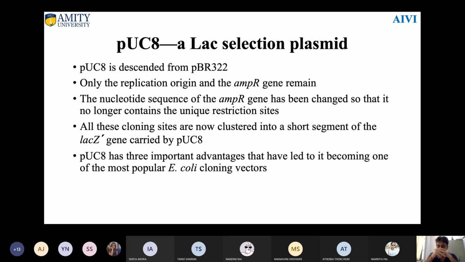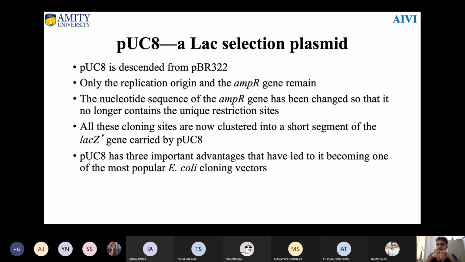The lac operon codes for 3 genes, Z, Y, and A, and among them one gene is chosen, that is Z. It is called the LacZ gene or LacG gene. In my time it was Z, in your time it is going to be G. The LacZ gene is carried by the pUC vector.